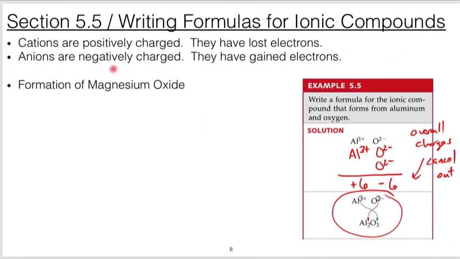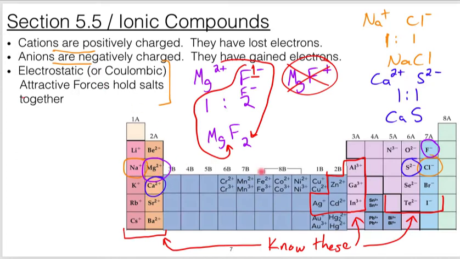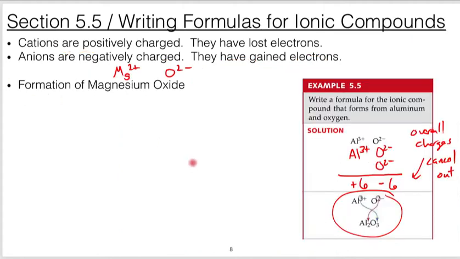Briefly, we've seen this one before, so I'm going to run through it quickly. We know what charges they form because of this periodic trend that we should know. How does magnesium get the +2 charge? Well, it's going to lose electrons, and sometimes we write it this way, as a chemical reaction.